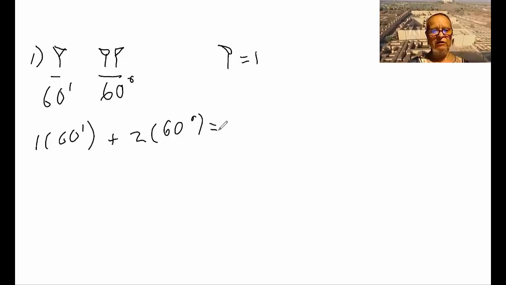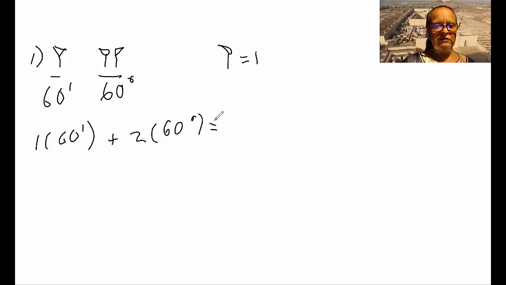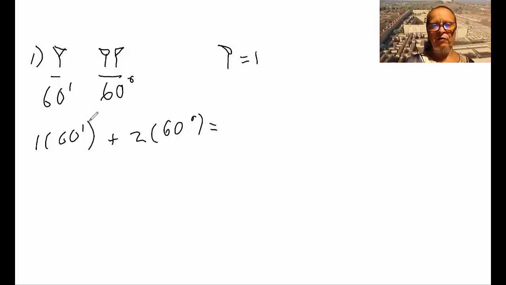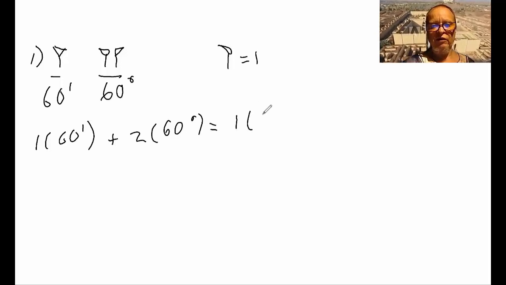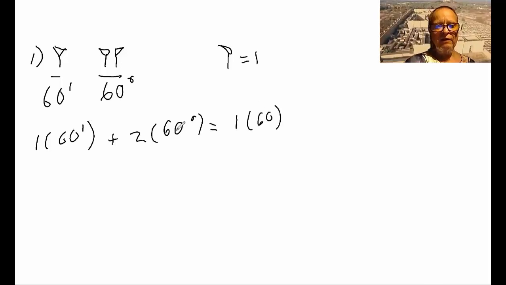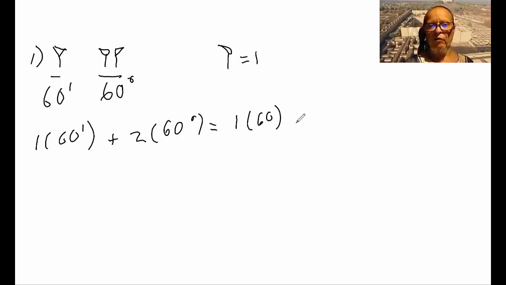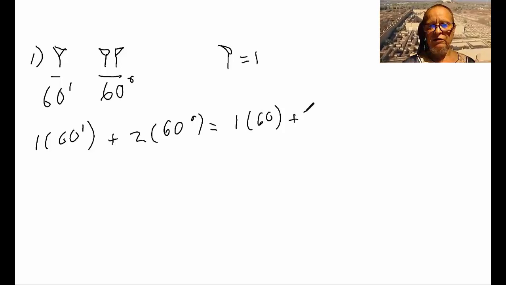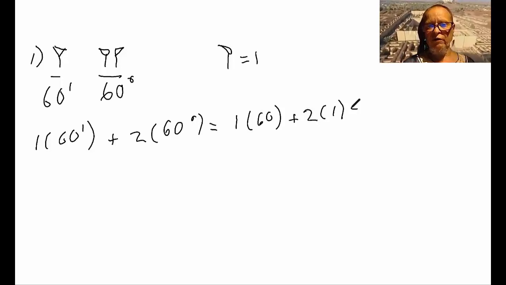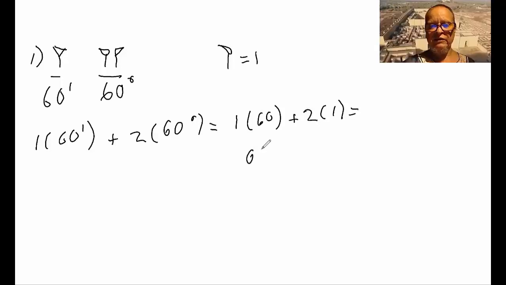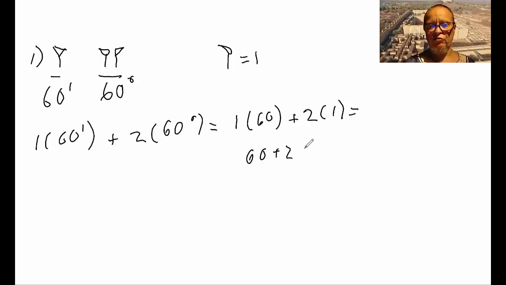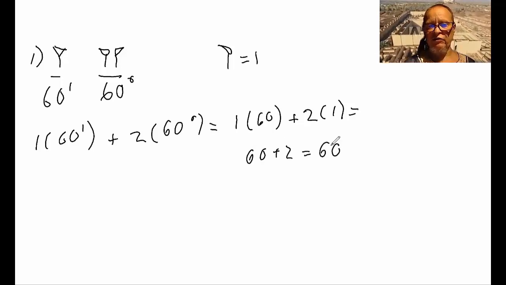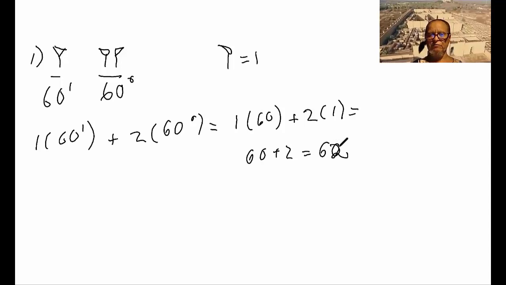And as we studied earlier, 60 to the first power means 1 times 60, and anything to the 0 power is 1, so it's plus 2 times 1, and that will be 60 plus 2, so our final answer is 62.